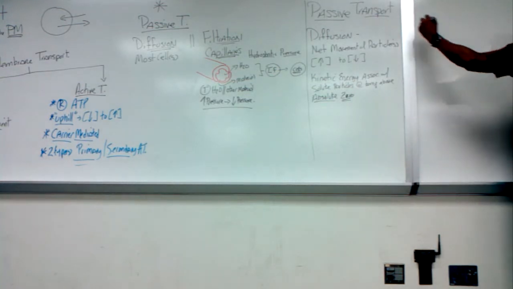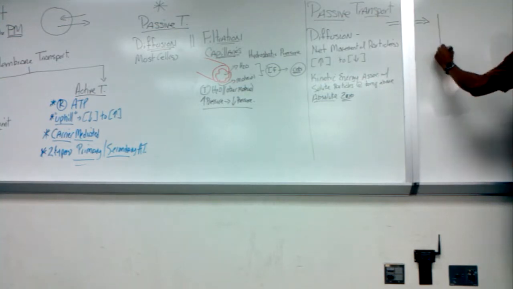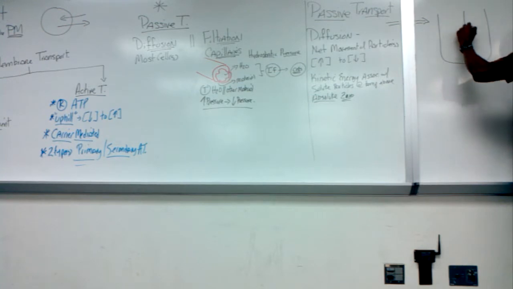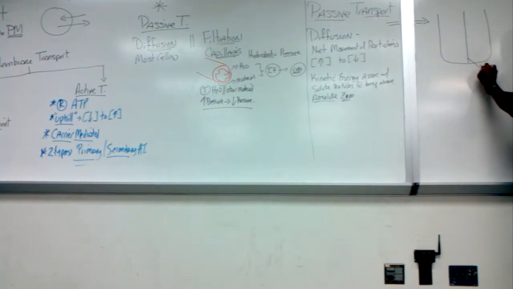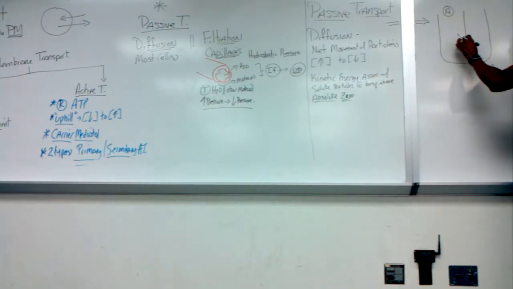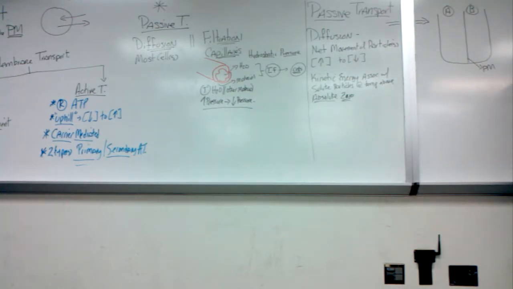If we take a look to illustrate diffusion, if this was a beaker, this partition represents our artificial plasma membrane, and we have solution A on one side of the plasma membrane, solution B on the other side of the plasma membrane.